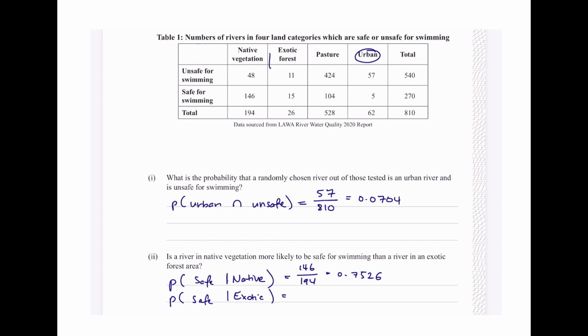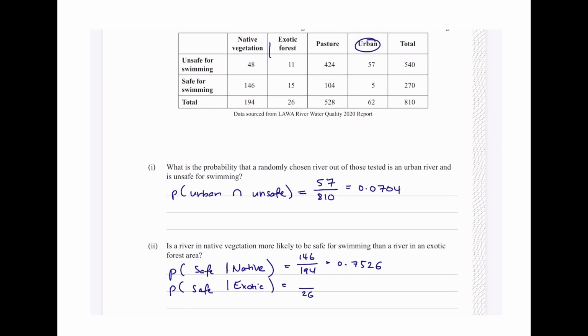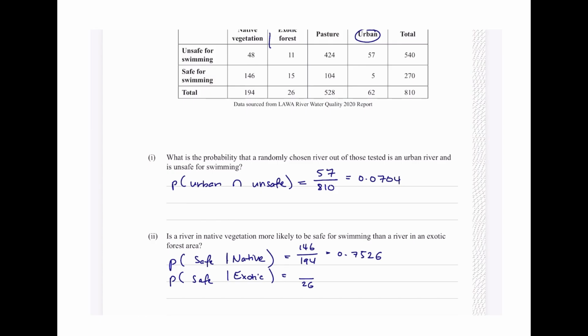Okay, and if we look at the probability for it being safe, given that it's exotic, we look at the exotic column, which is this one here. So we're just comparing it out of 26, and the ones that are safe are 15. Right, so 146 here, 15 here, but remember they have different denominators, 194 and 26. Okay, so 15 divided by 26 gives me 0.577. So which one was more likely?